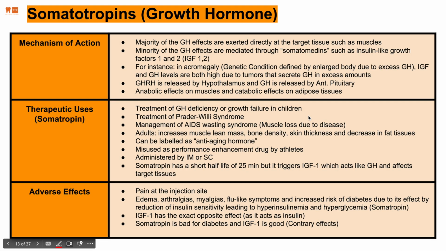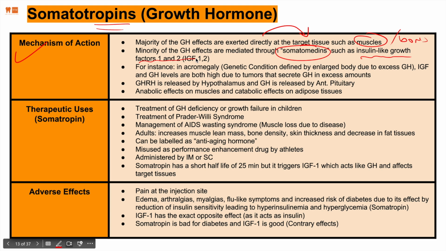So let's take a look at the pharmacology of the somatotropins, just growth hormones. Majority of the growth effects are exerted directly on the target tissues such as muscles and of course bones.